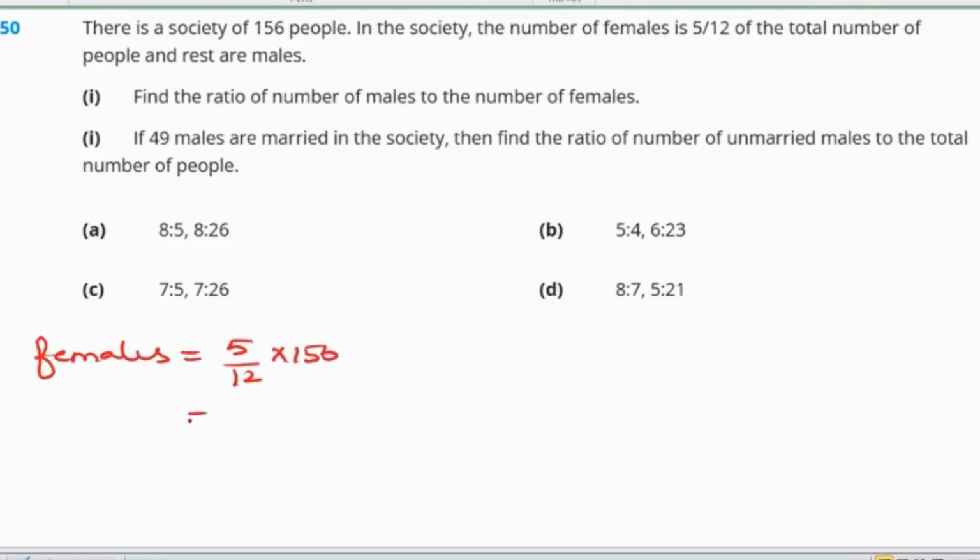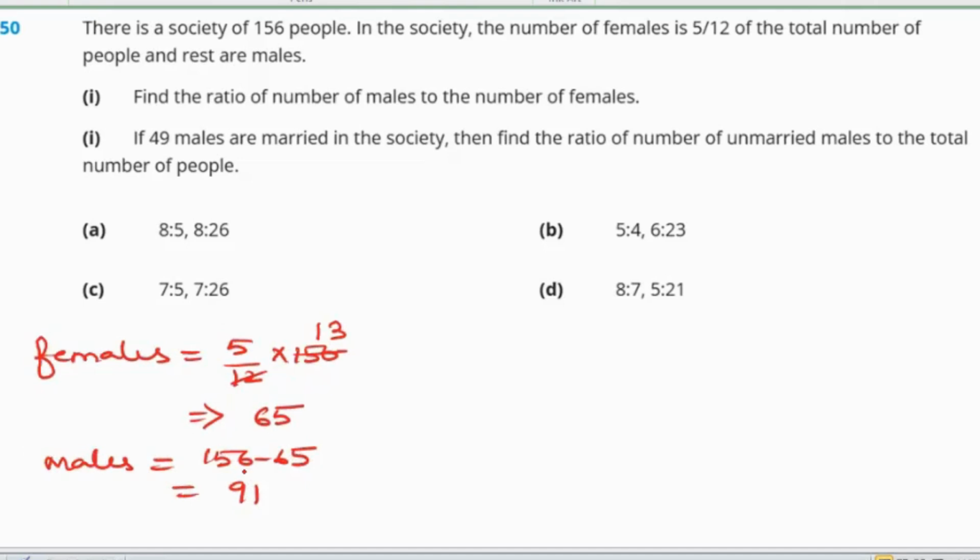Solving this, 12 3s are 36, and 13 5s are 65. So the number of females is 65. So the number of males has to be 156 minus 65, and solving that, 91 males are there.